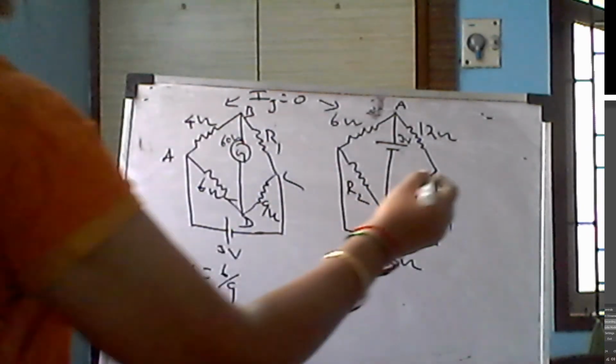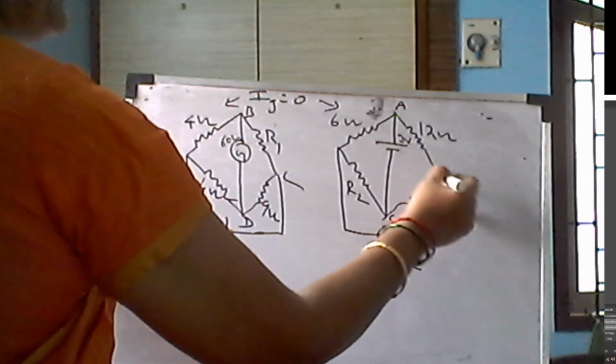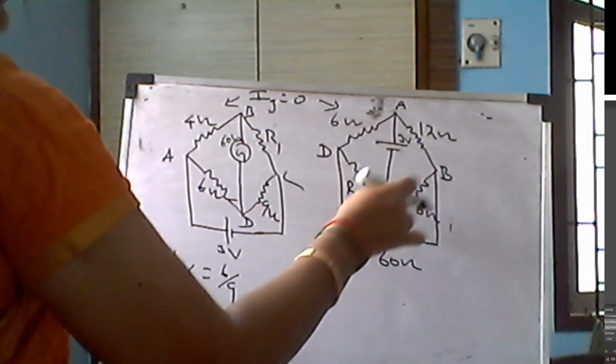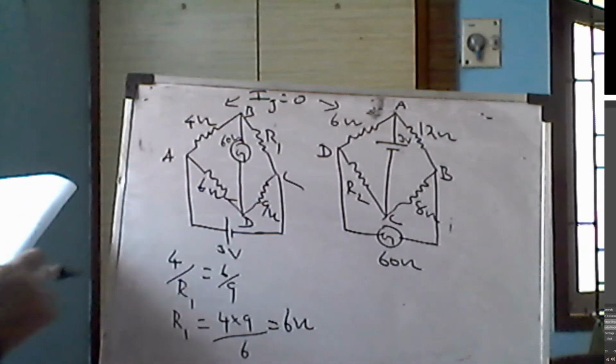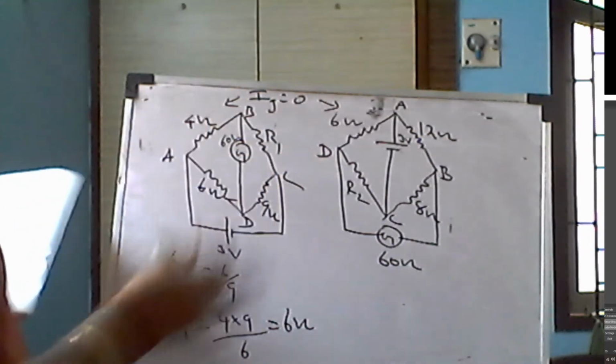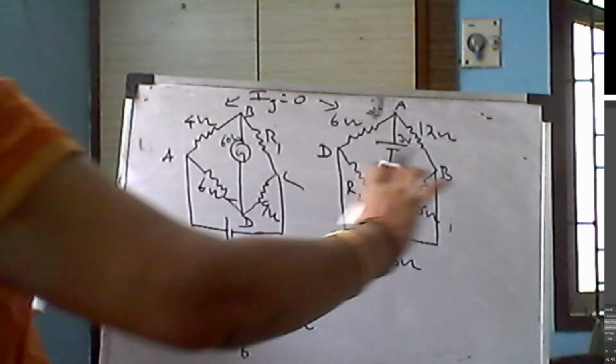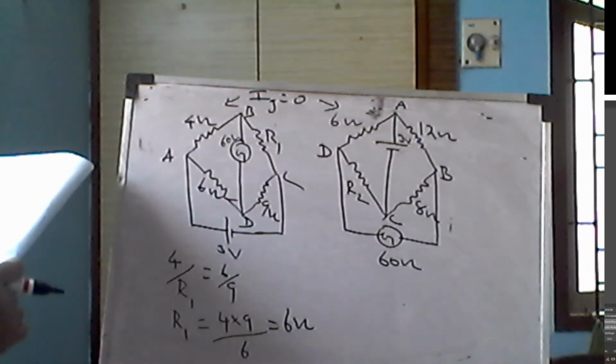Suppose you consider this as B and D. So between A and C, always remember, the battery is connected. Between B and D, the galvanometer is connected.